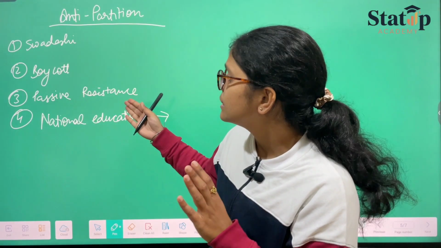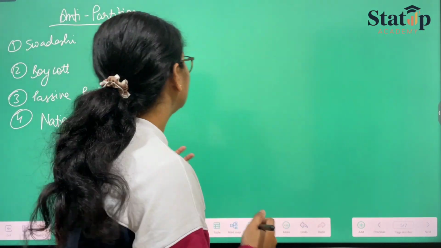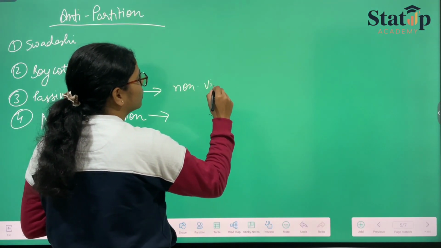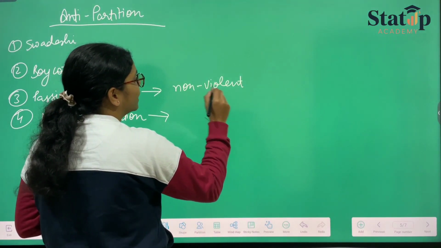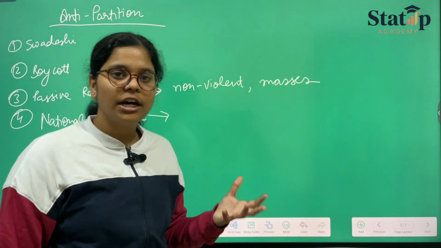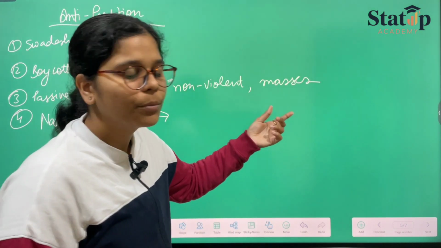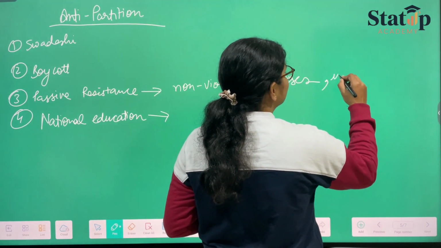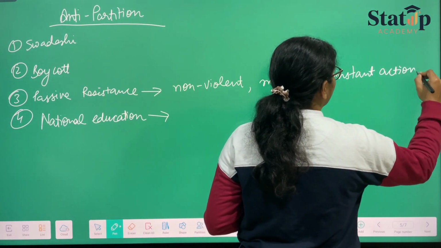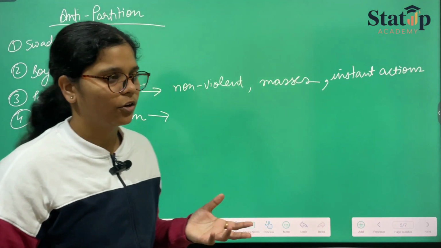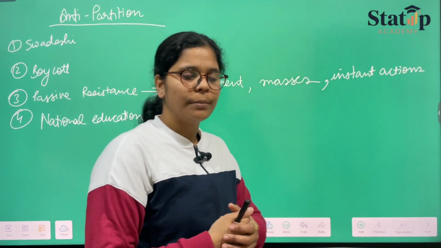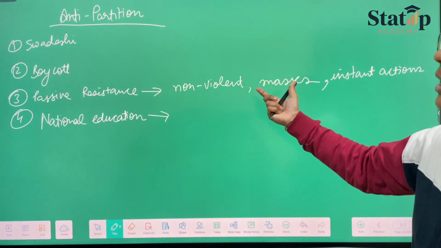The third thing, passive resistance, means that our movement would be non-violent, but we will draw masses, and instant actions would be taken, like protests. All those things would be taken care of during the passive resistance.